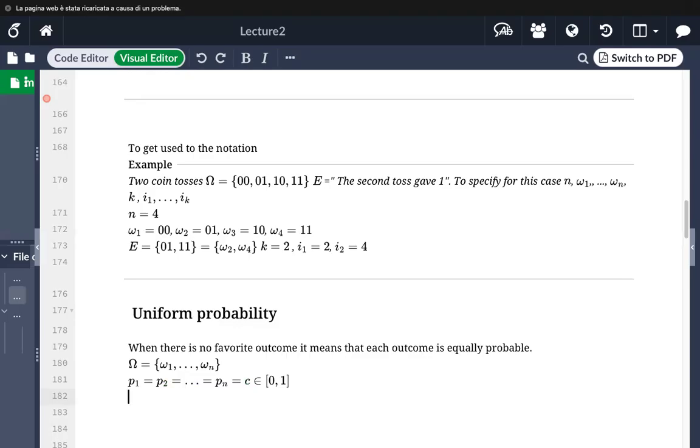Now, how can we determine c? We have the condition that the sum has to be equal to 1.